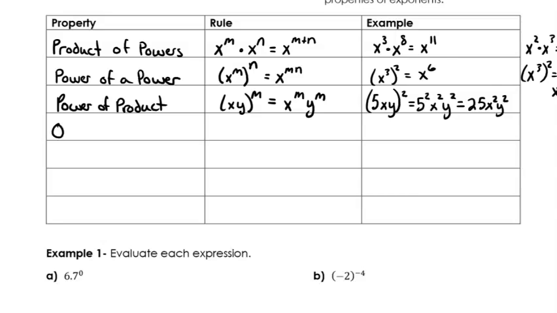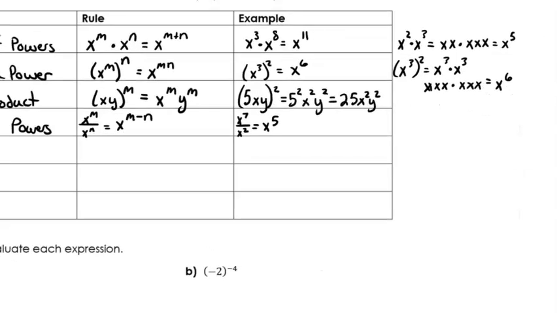All right, quotient of powers. Okay, so if you have something that is the same base and it is in a fraction, so x to the m over x to the n, you can subtract them. You do m minus n. So for example, if you have x to the 7th over x squared, you subtract the powers and you're left with x to the 5th.